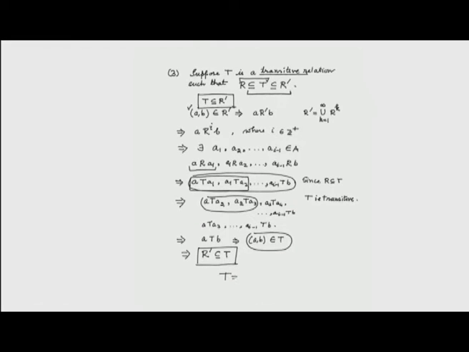Therefore, we can write that T is equal to R prime, and this proves that R prime is the transitive closure of R.